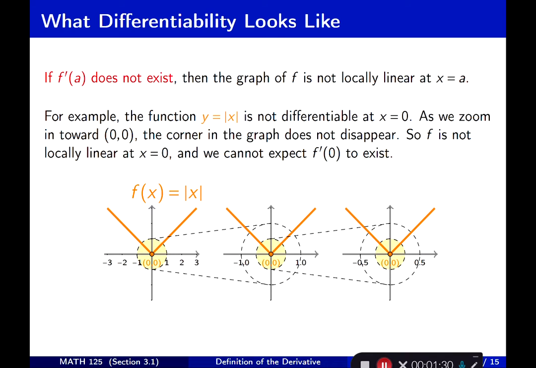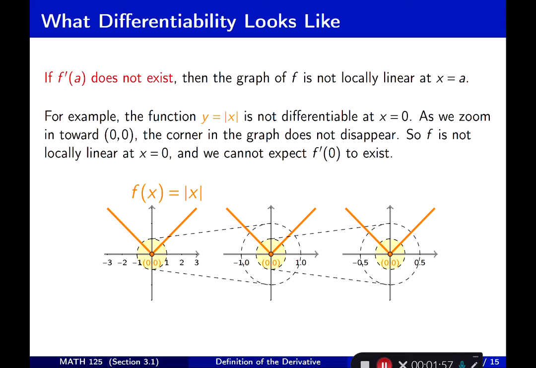If f prime does not exist, then the graph of f is not locally linear at x equal to a. For example, the function y equal to absolute value of x, remember this one was continuous, is not differentiable at x equal to 0. As we zoom in toward 0, 0, the corner in the graph does not disappear, it just stays.